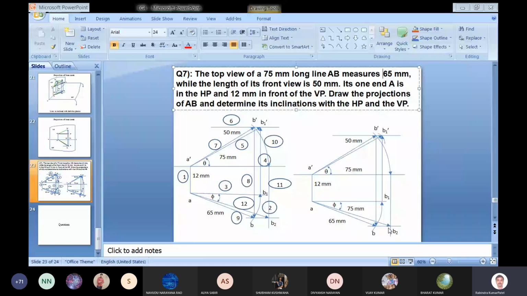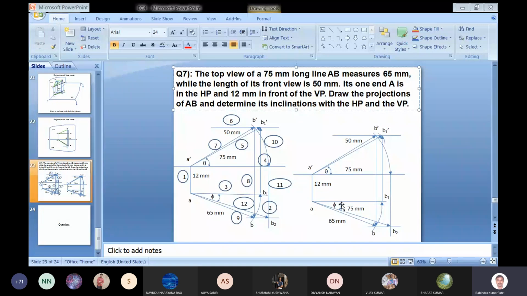So in this case, we have got another inclination, the angle of inclination, that is phi with the vertical plane, and the previous theta is the angle with the horizontal plane. Two angles we have got, but still we have to draw the projection of the line, meaning the top view of the line, which is AB.